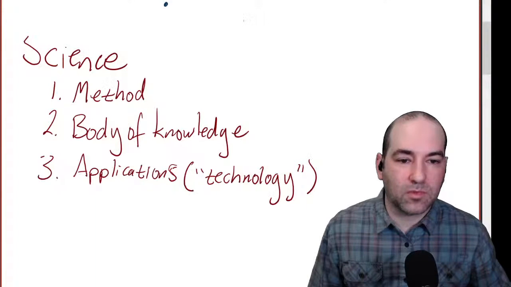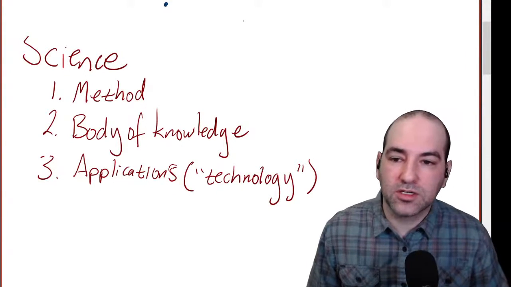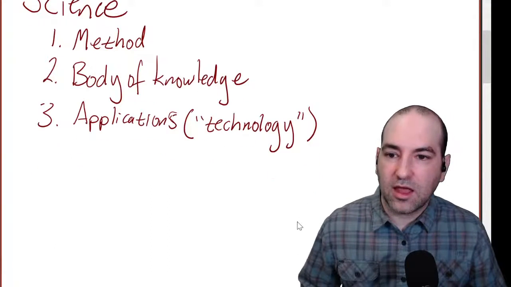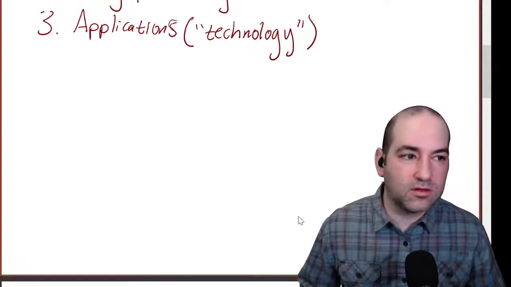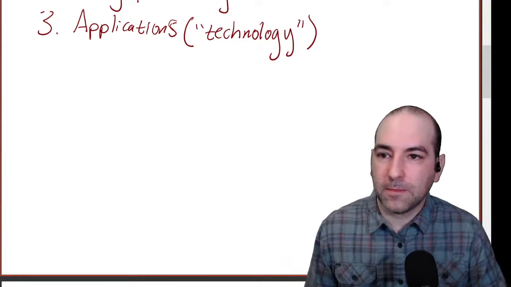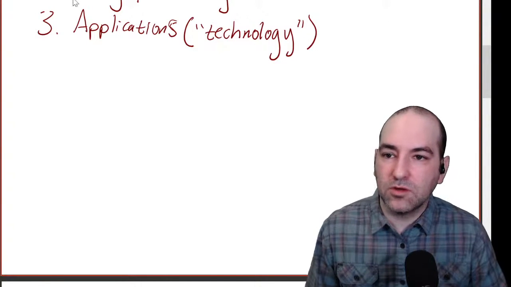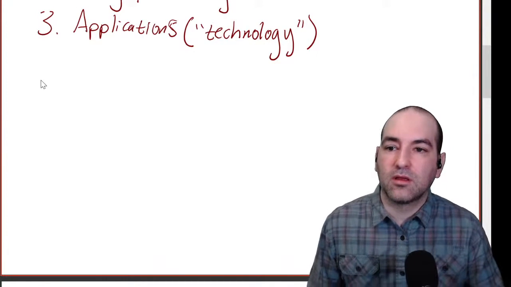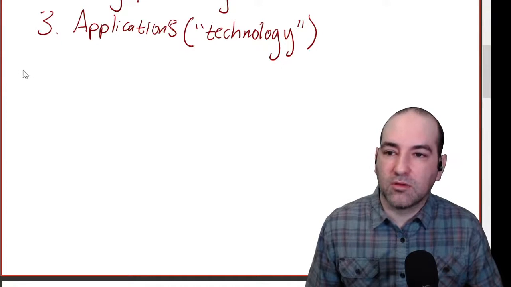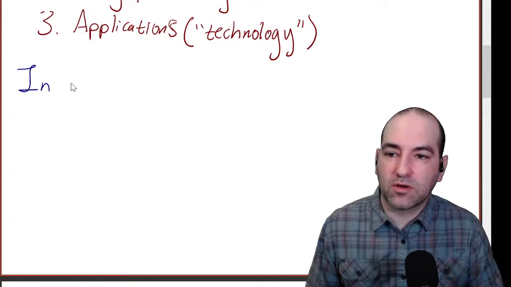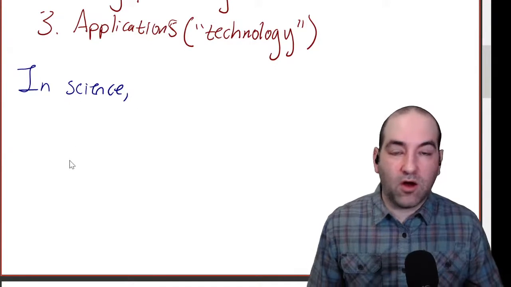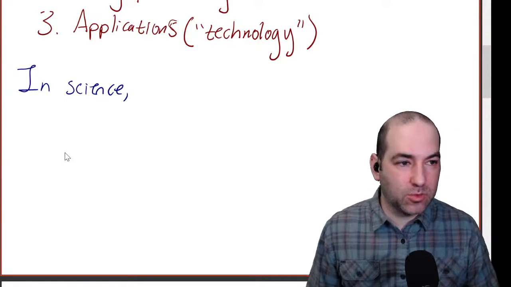All right. So here are our three ideas of science and some of the background there. I want to give you two other definitions that are going to be really important going forward, and are often misinterpreted.